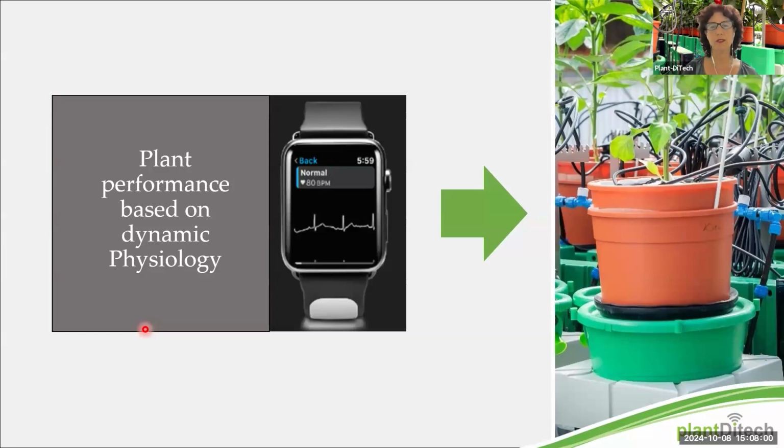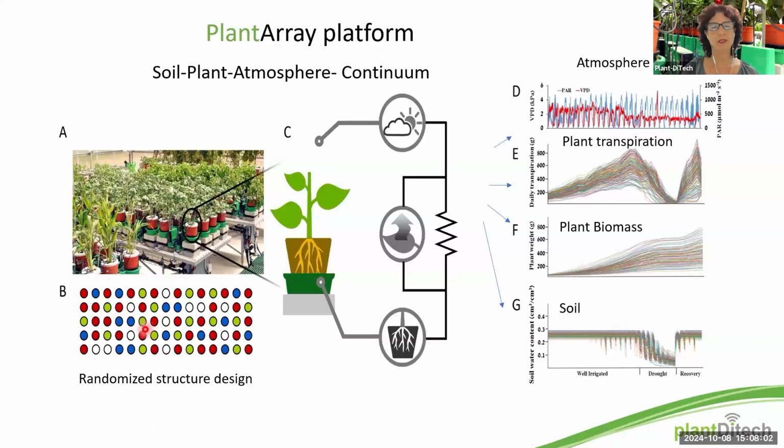And we do that together for many plants in a randomized structure, as you can see in the picture, for the different treatments. And we measure the soil-plant atmosphere continuum. You can see some of the graphs on the right as an example for that.